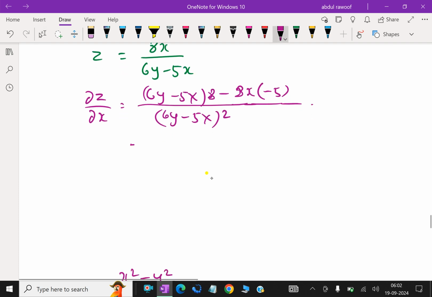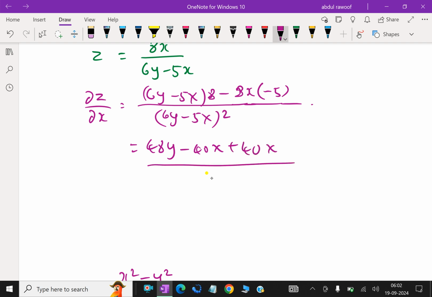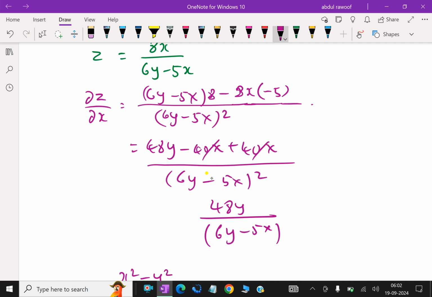Which is equal 6y into 8 is 48y minus 40x plus 40x over 6y minus 5x the square. Here minus 40x plus 40x is cut, therefore we have 48y over 6y minus 5x the square.